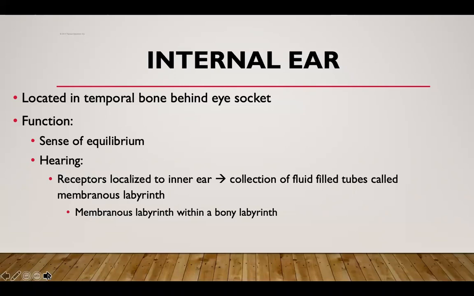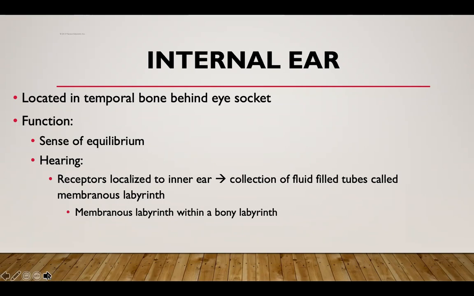What is the job of your internal ear? Since this is your ear, the main function would be hearing. So you have receptors in your ear called hair cells, and these hair cells, within a very specific space called the membranous labyrinth, are responsible for the creation of sound, or in another sense, converting vibration of the sound to electrical impulses.